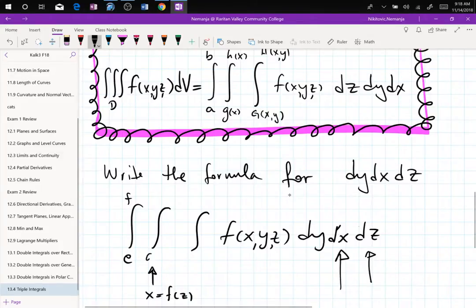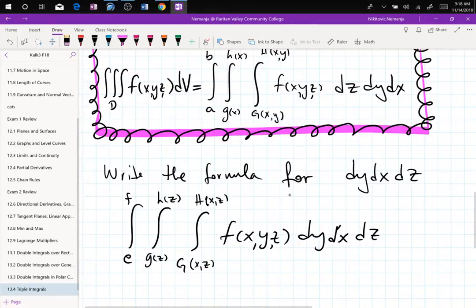So we'll put g of z and h of z, and then the last one is capital G of x and z, and capital H of x and z. And there you have it.